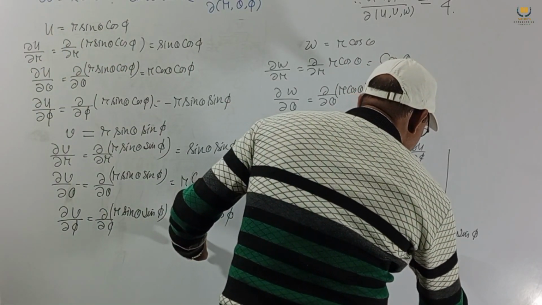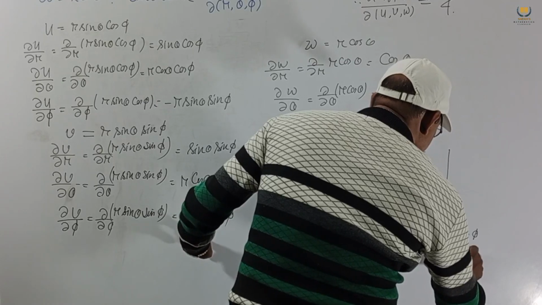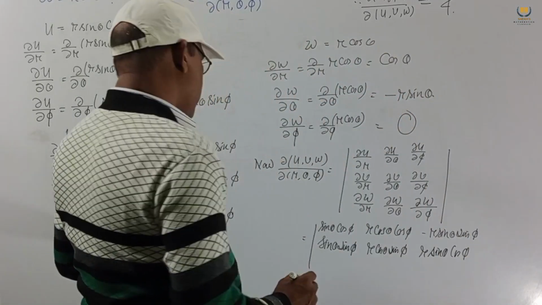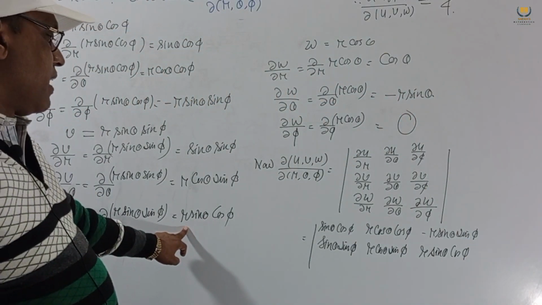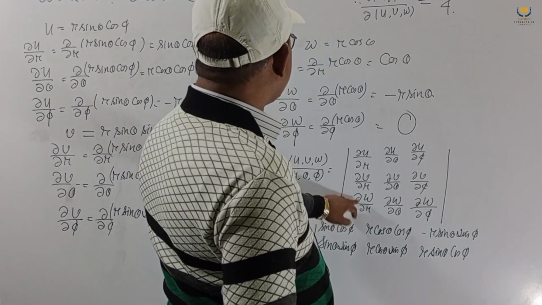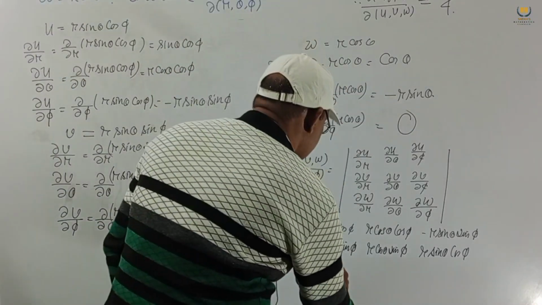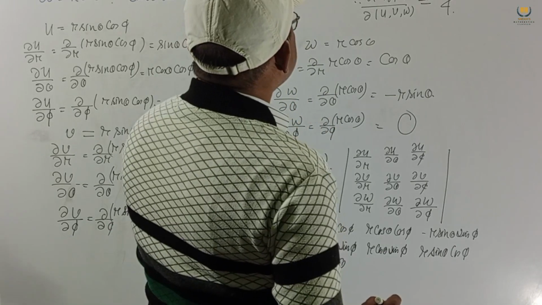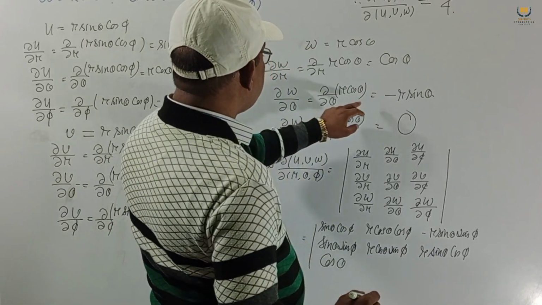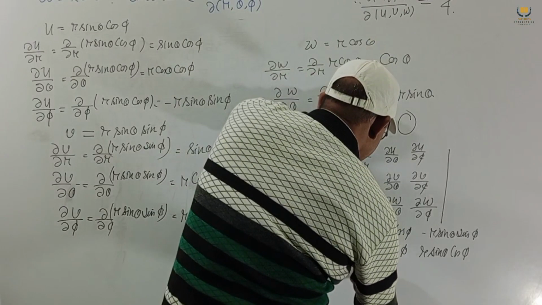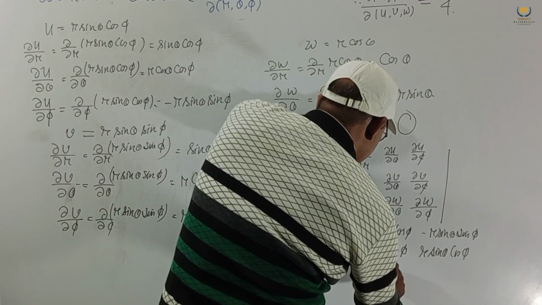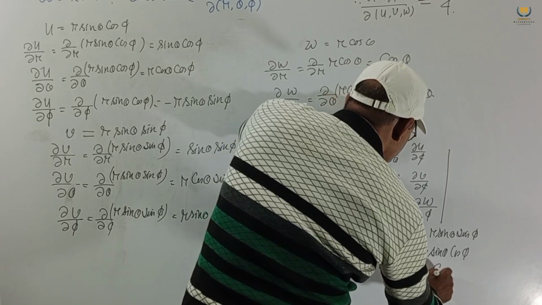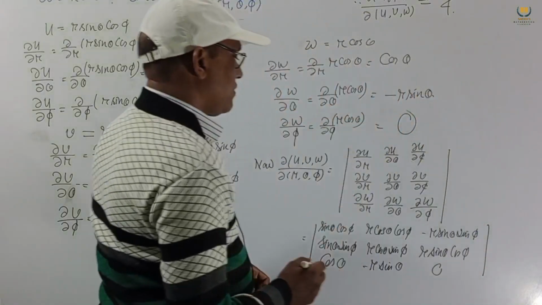Now the last one, del w del r is cos theta, del w del theta is minus r sin theta, and del w del phi is 0.